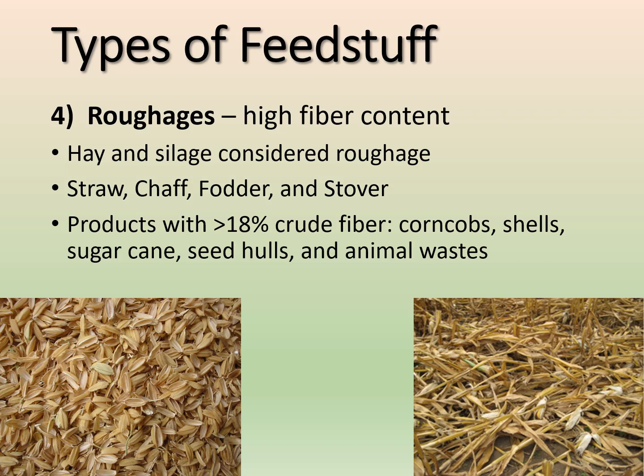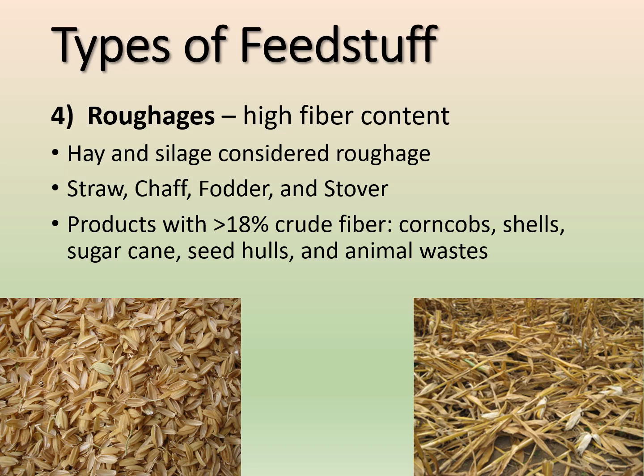All these things are considered roughage. On the left picture we have chaff, and on the right we have some stover. It's really the leftover stuff from corn, the corn husks and the stalks and everything. Fodder is just a general feed term for the hay and the silage.